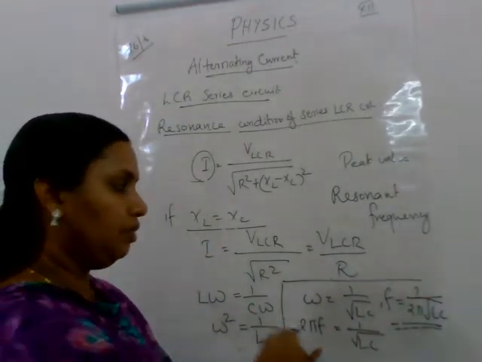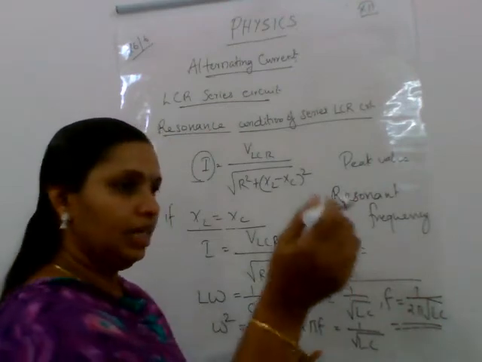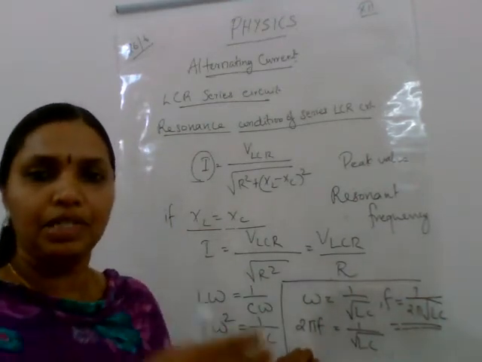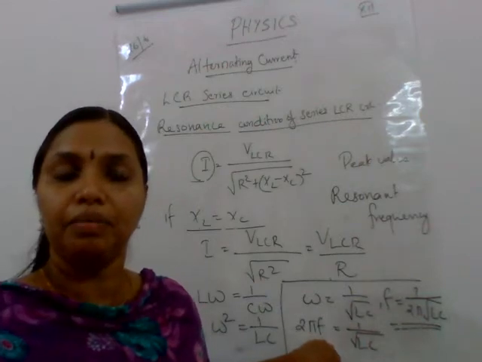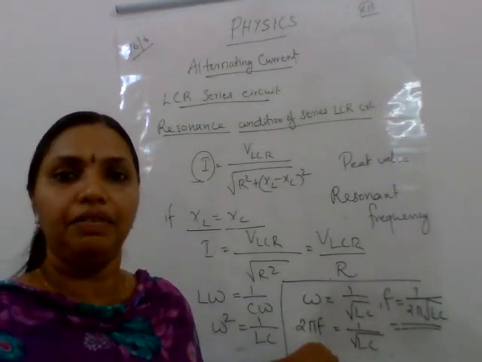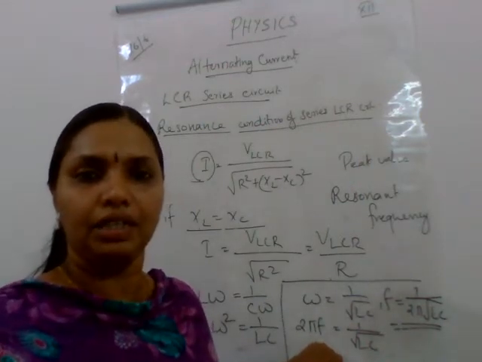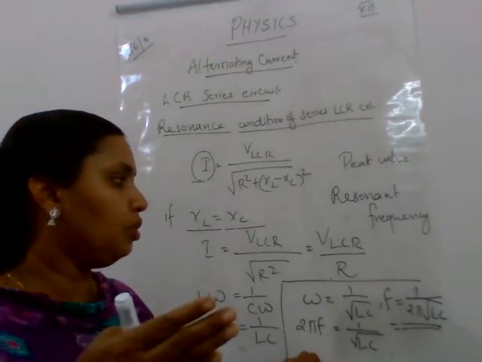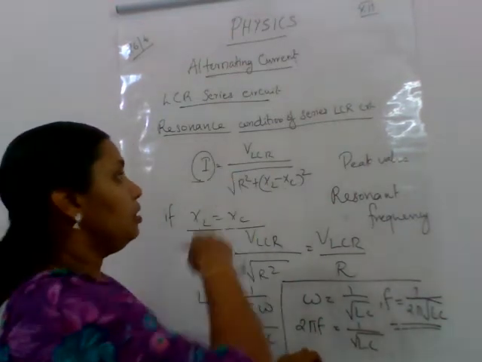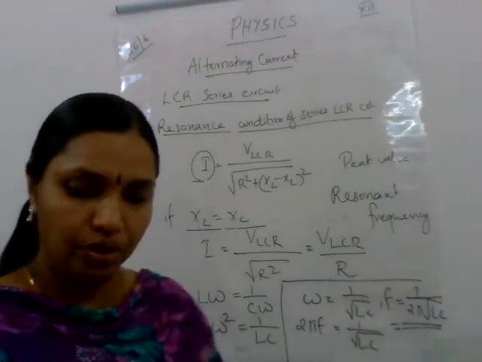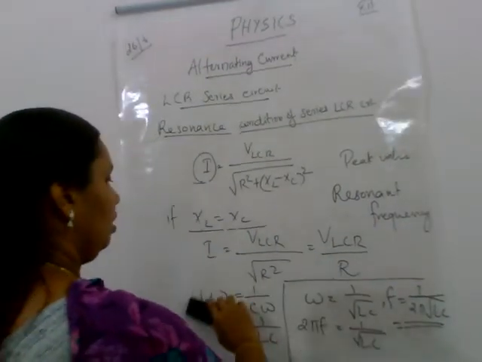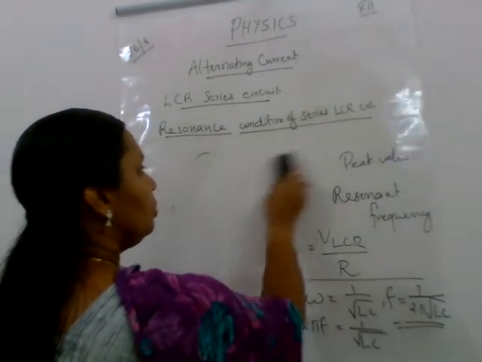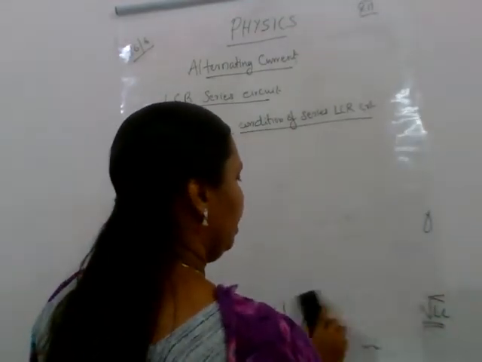The frequency at which it becomes resonance, that maximum frequency, that signal will be received by the system. Whether it is your TV or radio, whatever it is, that is how we can use this series LCR circuit in tuning devices.